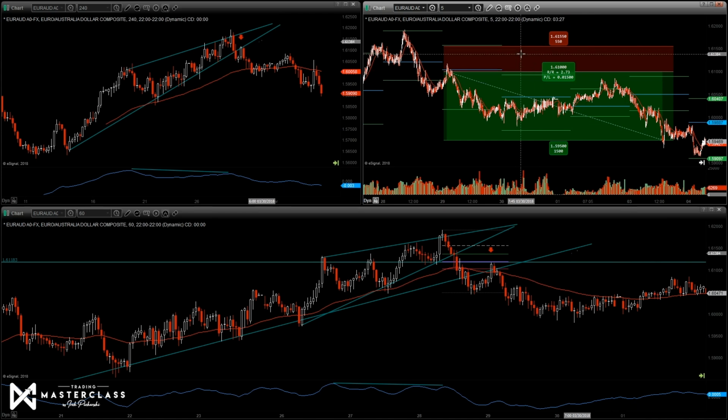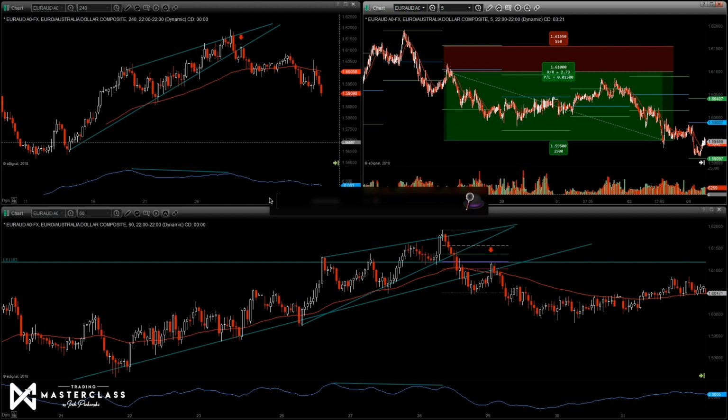So in this case, if my 1-to-1 risk was $500, let's say if I had a $50,000 trading account, just to get this example in there again, my 1% risk would have been $500, so 55 pips here would be worth $500.